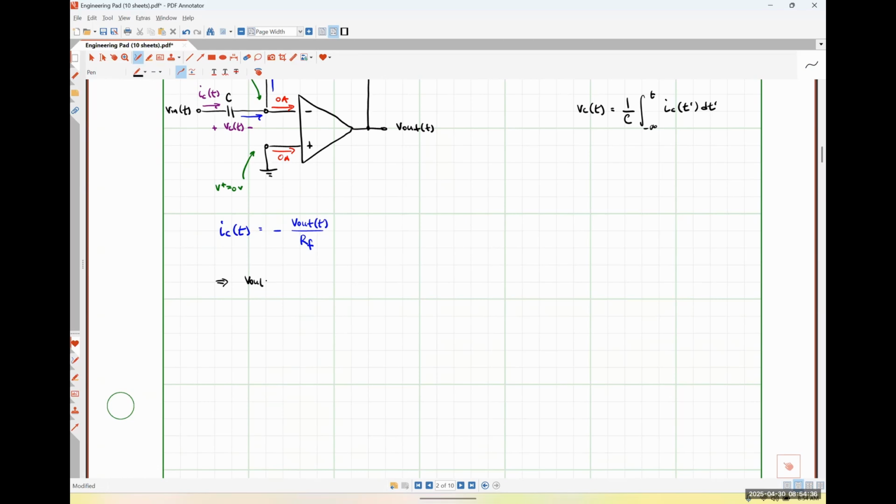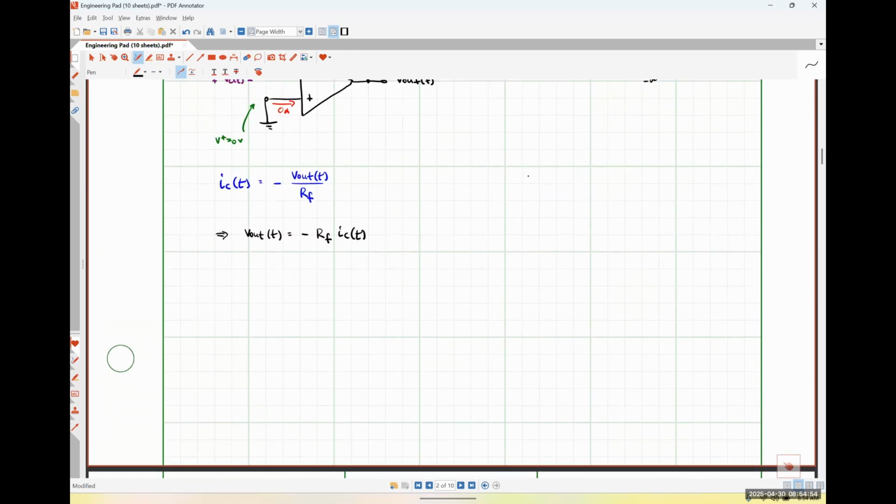So that would mean that I would have V out is equal to negative RF times IC. Well, we know that our capacitor current is related to our capacitor voltage. So I could take this one step further, and I could say that this is negative RF times C times the derivative of my capacitor voltage with respect to time.